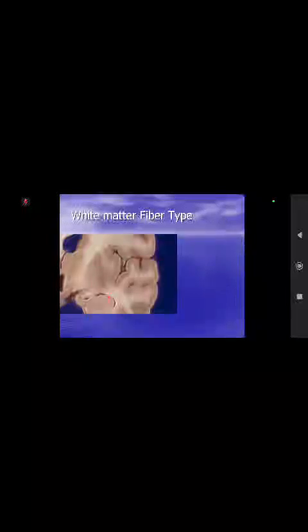So this part is what we call the Ammon's horn. Ammon's horn, like a horn of a ram. That's what it means. And this one here is part of the limbic system, part of the primitive cortex, what we were calling before the archicortex. If you remember when we were classifying.